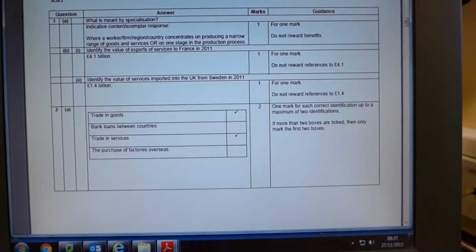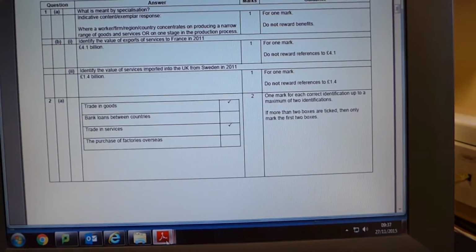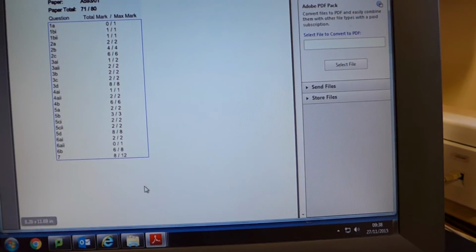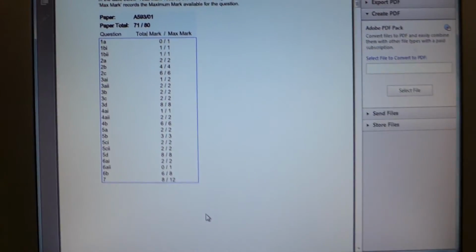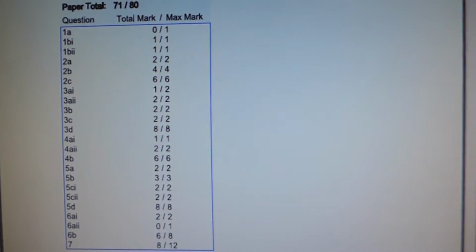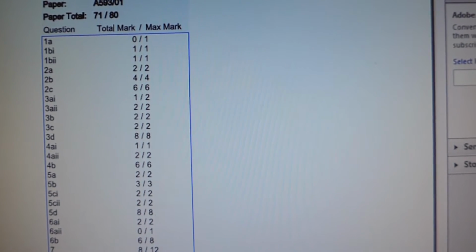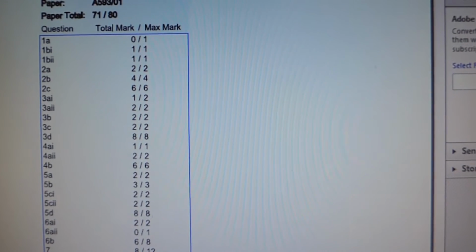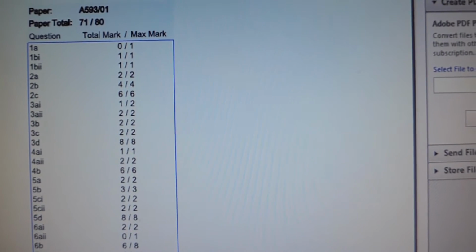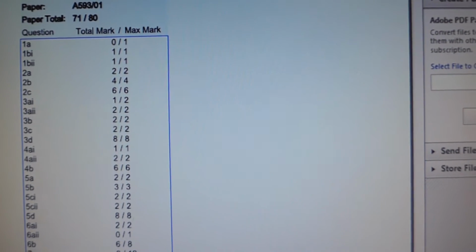What I'm going to do is talk you through an exam paper which one of my GCSE students did last year, and these are the marks they got. This candidate scored 71 out of 80 marks, and that was an A-star grade.